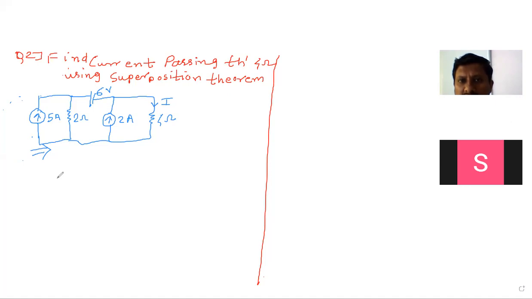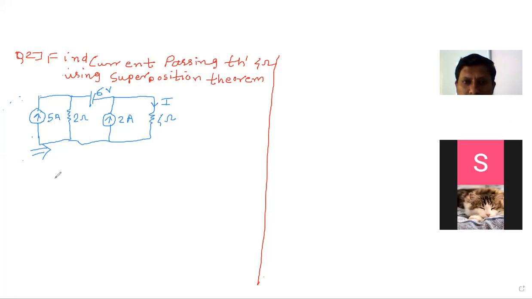The current passing through the 4 ohm resistor, which I named I. So due to all sources acting simultaneously, what will be the value of I? That we have to find out using the superposition theorem.